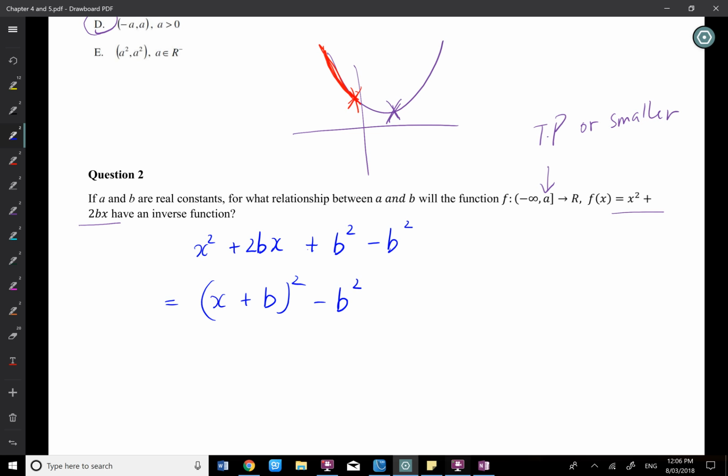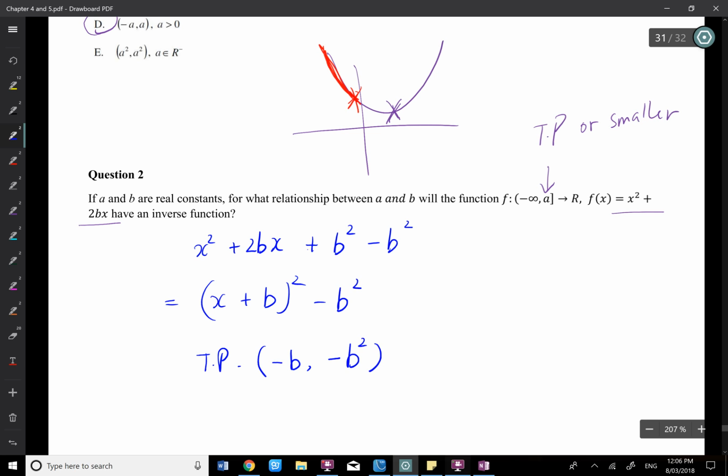So what's the turning point? Negative b and negative b squared. Okay, negative b and negative b squared. So this turning point's y-value is negative b squared here, which is definitely something below the axis.